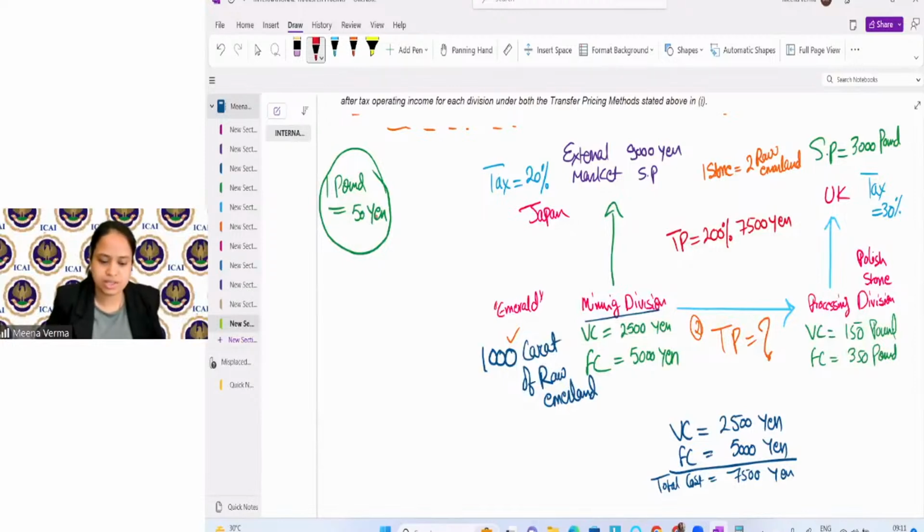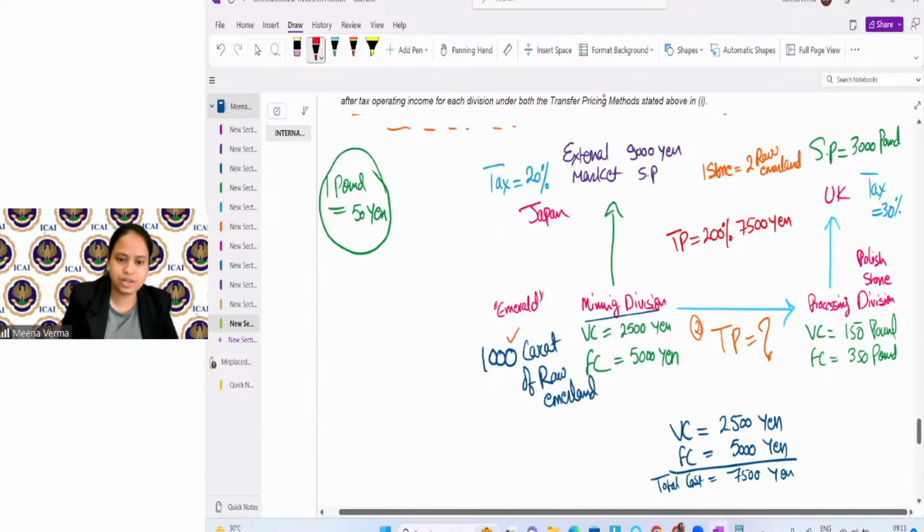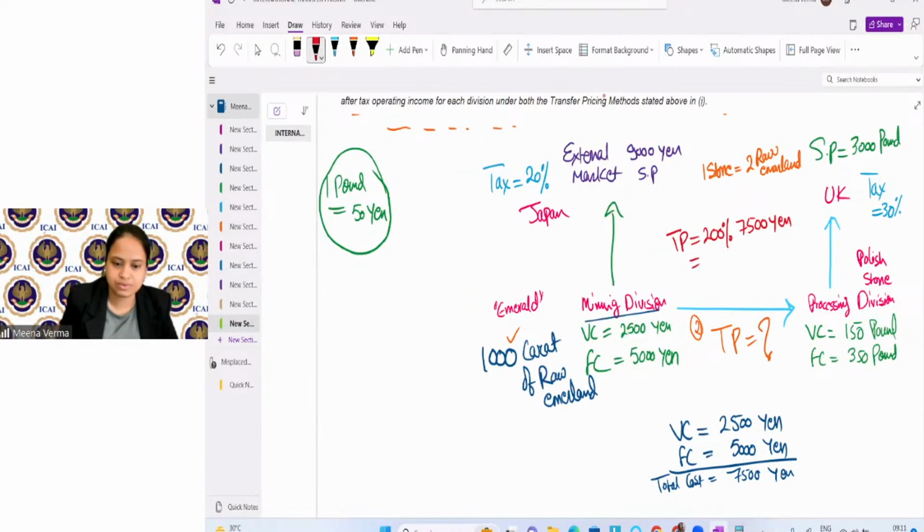Let's calculate it. 7,500 into 2 is 15,000 yen. This is coming as the transfer price in the first method. If you follow the first method, this will be the transfer price.